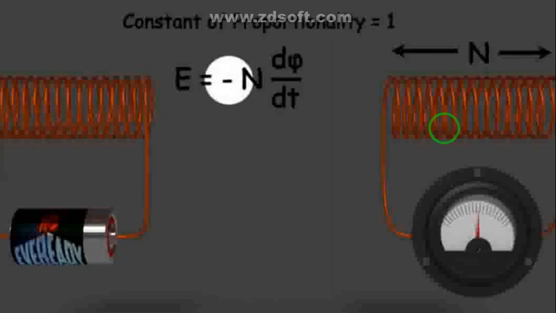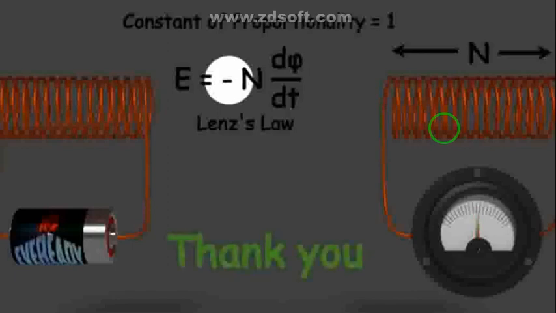And the second one is that the minus sign indicates that the equation must obey Lenz's law. Lenz's law means the polarity of the induced EMF must oppose its cause. EMF is actually N into dφ by dt. Now it is minus N into dφ by dt.